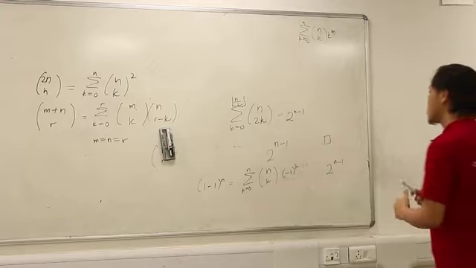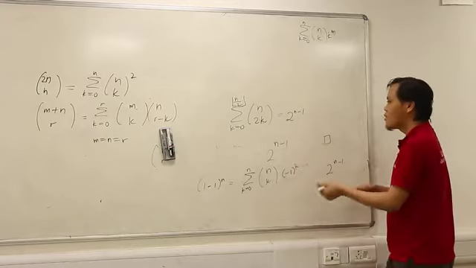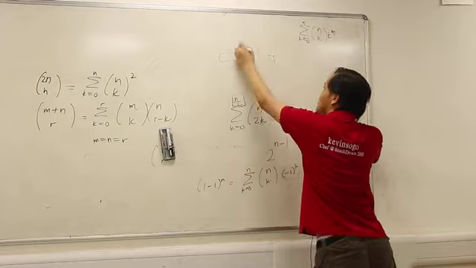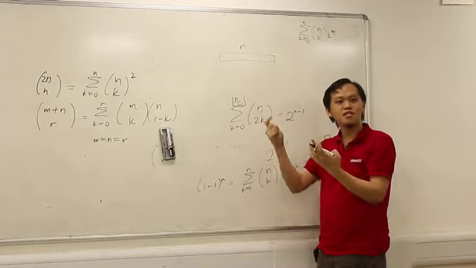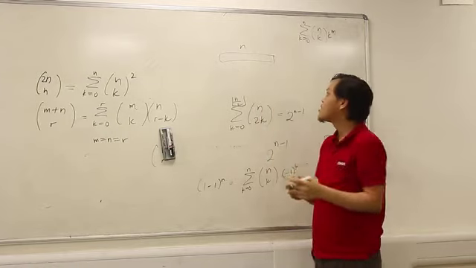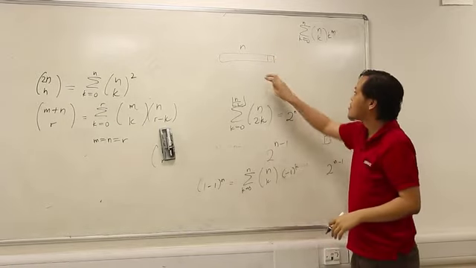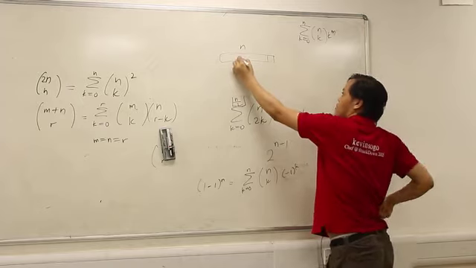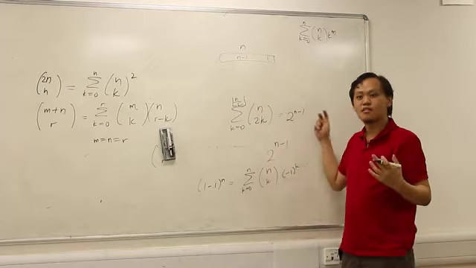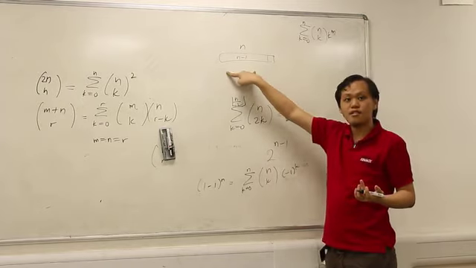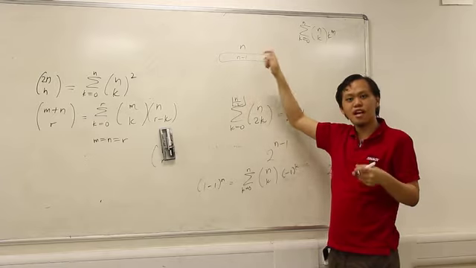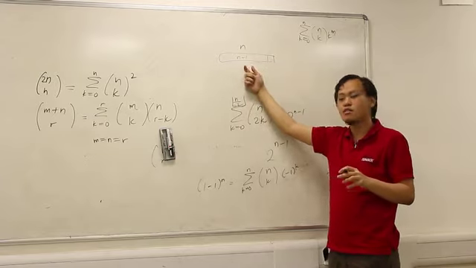Okay, so in the other explanation, let's say we have n elements, and we want to find how many subsets of it have an even size. Let's take away one of those elements. So there are n minus 1 remaining elements, and each of those subsets is either of even or odd size.